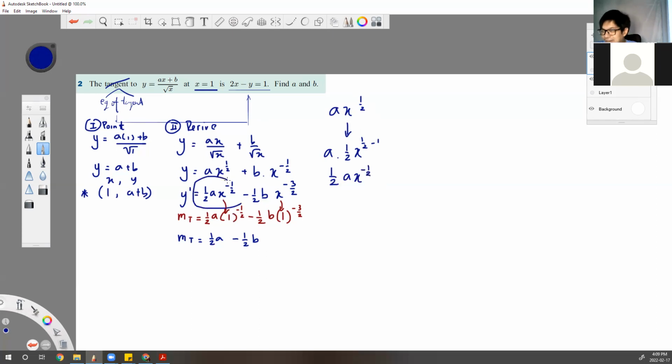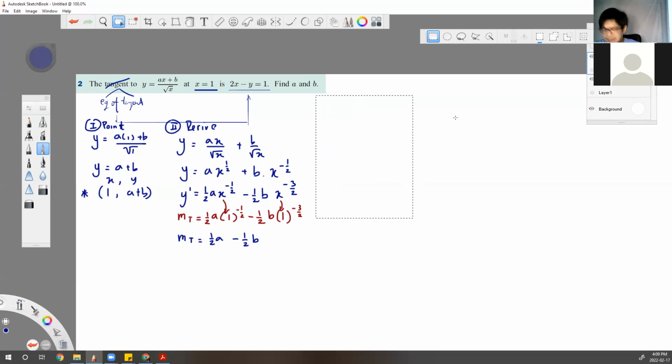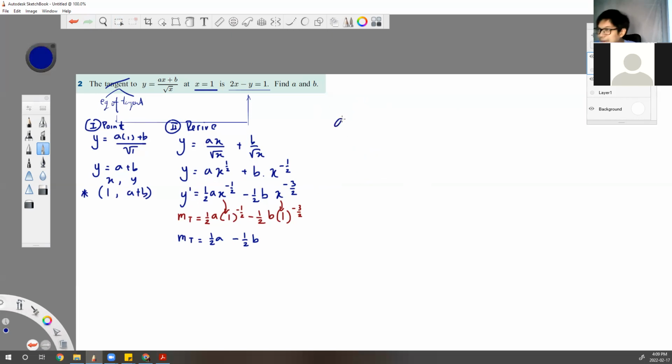Anyway, ax over square root x is equal to ax over x power half. So ax power 1, if it is divided, you subtract, ax power half.